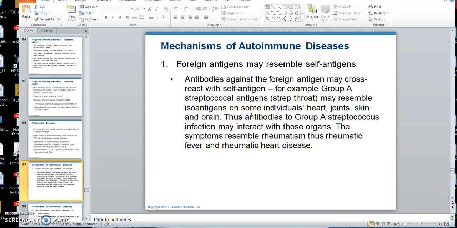The joints could lead to what we call rheumatoid arthritis. The heart valves could lead to what we call rheumatic heart disease. So in other words, a foreign antigen gets in, looks like some of yourself, and the immune system mistakes it. That's one possibility.